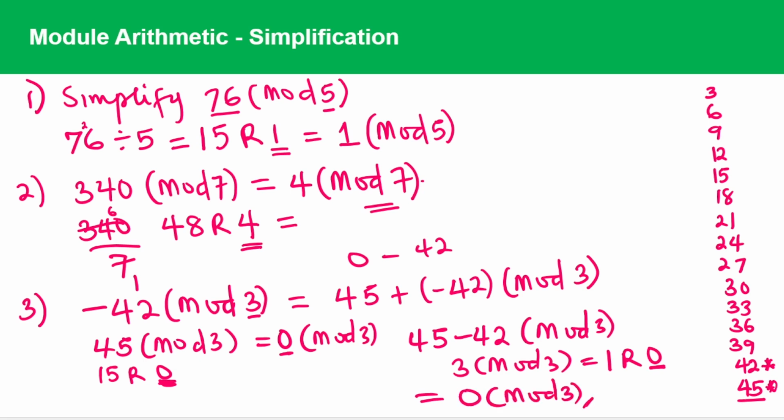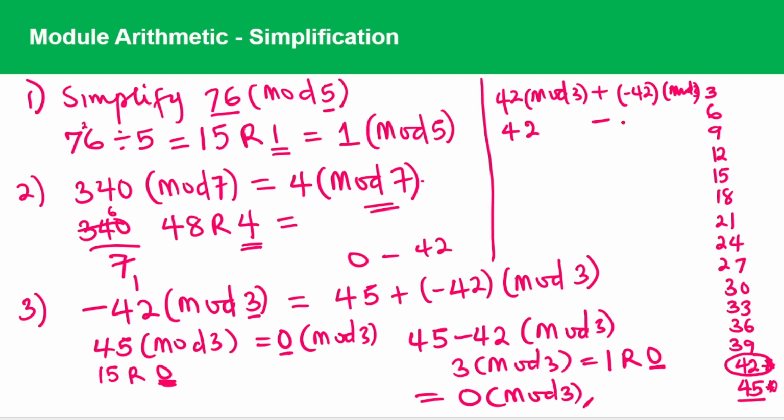And like I said earlier, I could have used 42 as well. If I add 42 mod 3 to minus 42 mod 3, it's as if we're adding 0. 42 minus 42 gives you 0 mod 3.